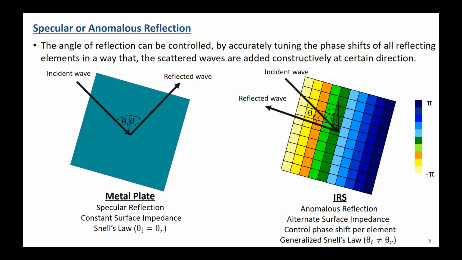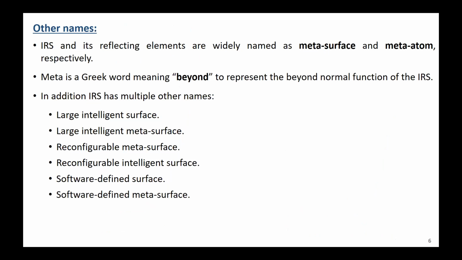This follows the generalized Snell's law, where the angle of incidence doesn't have to be equal to the angle of reflection. Moreover, IRS and its elements are widely named meta-surface and meta-atom, where meta is a Greek word meaning beyond, and this represents the operation beyond the normal operation of this surface in terms of anomalous reflection.